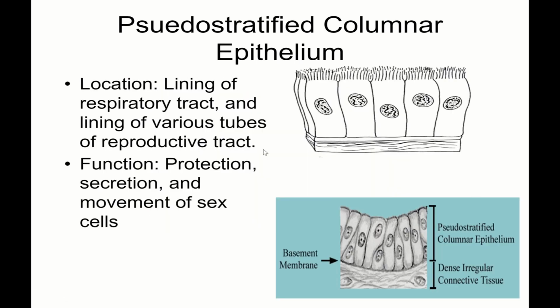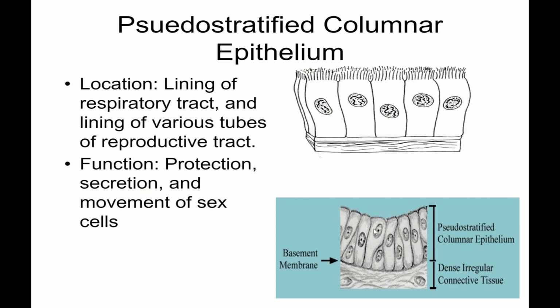So here we have pseudostratified columnar epithelium. The reason that we call it pseudostratified is that it looks like it's in multiple layers. And the reason for that is because we're looking at the nuclei. So nuclei are what indicate stratification.